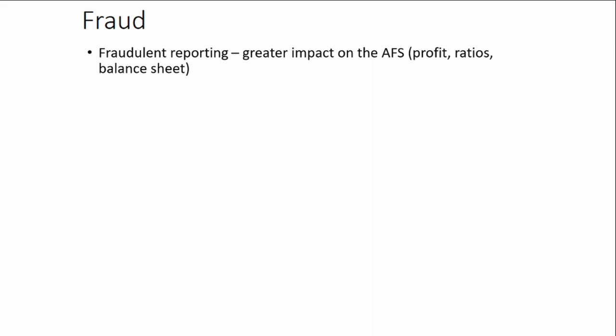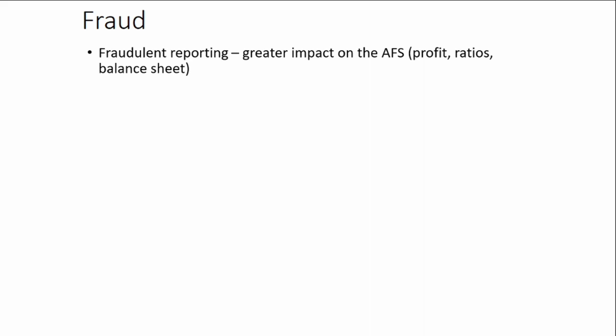Management can commit both, but generally history has shown us that they only fraudulently report, and this happens more often than the misappropriation of assets. I'm not saying misappropriation doesn't happen with management, but generally management wants to fraudulently report.